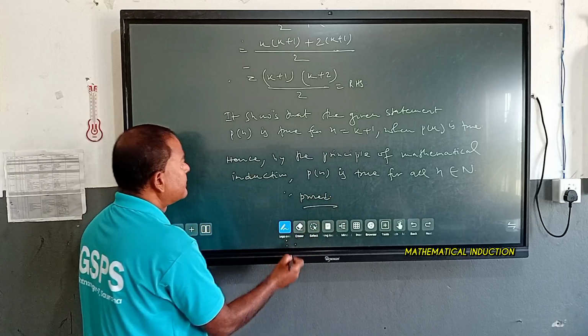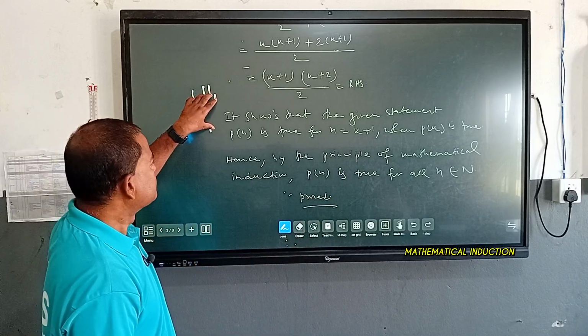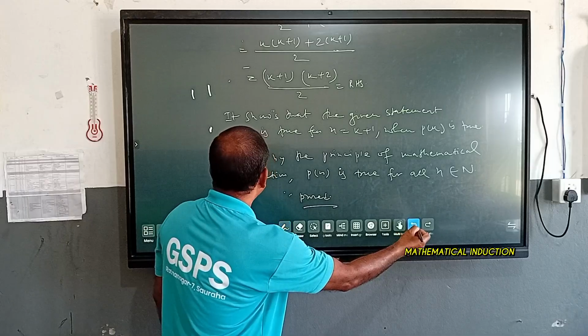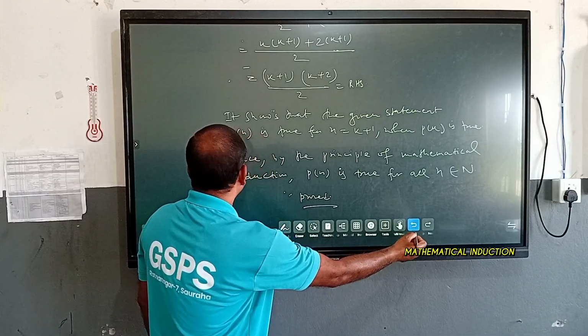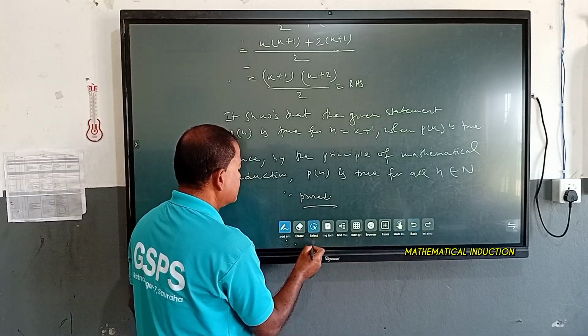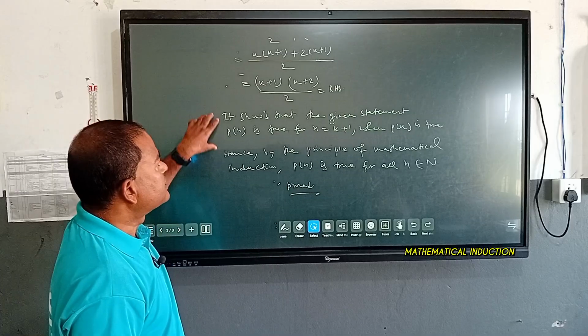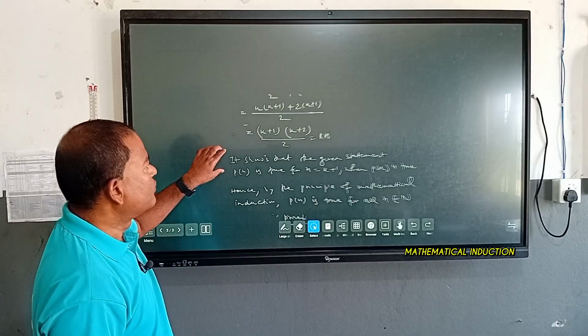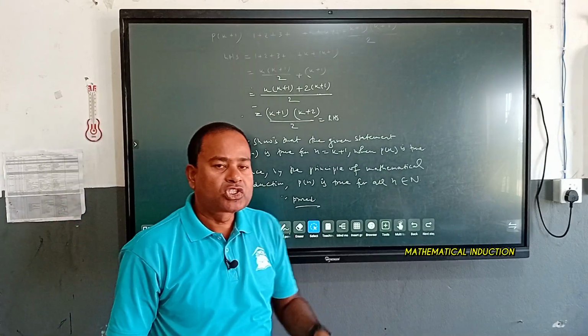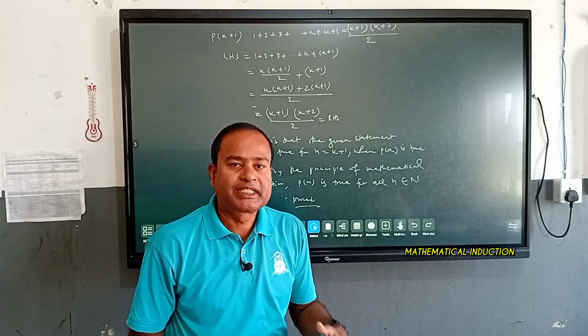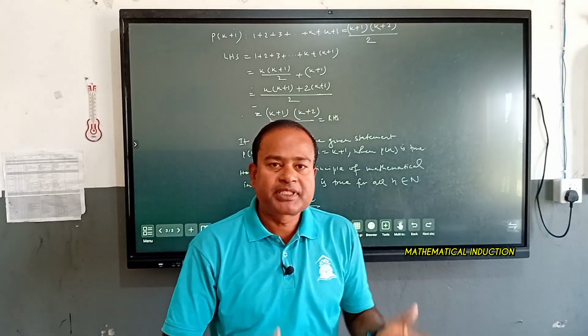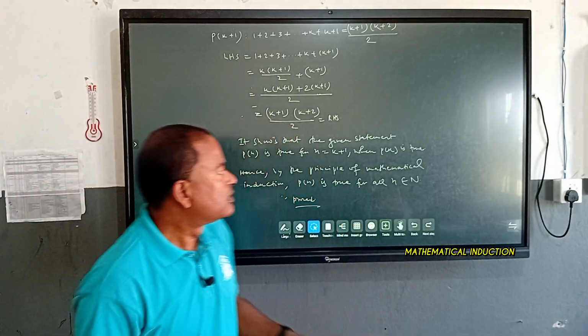So dear students, we have proved that the sum of the first n natural numbers is equal to n times n plus 1 divided by 2.